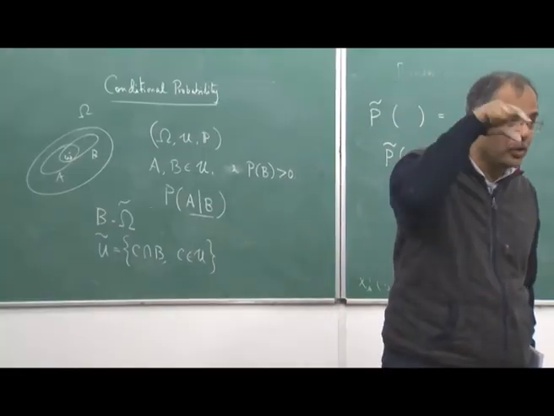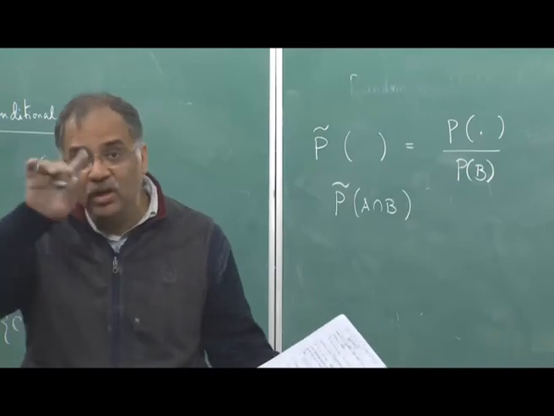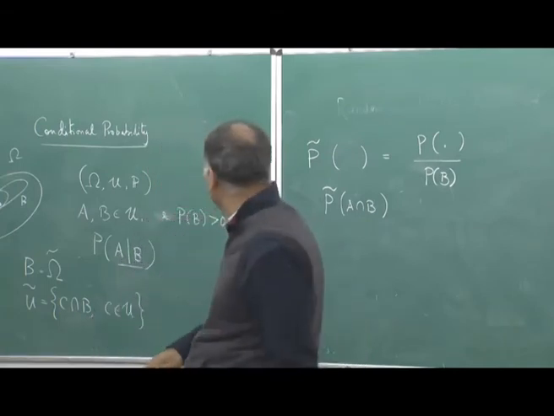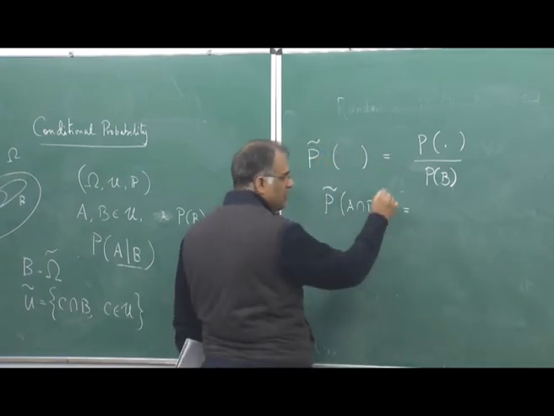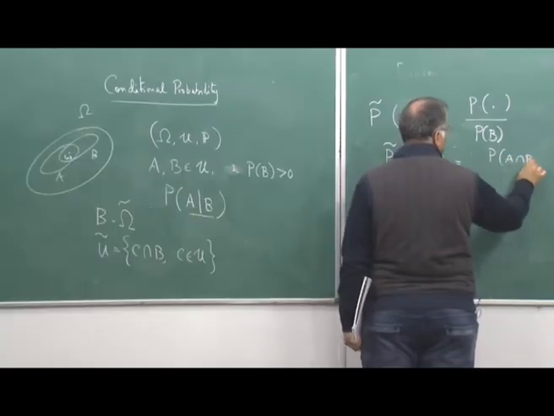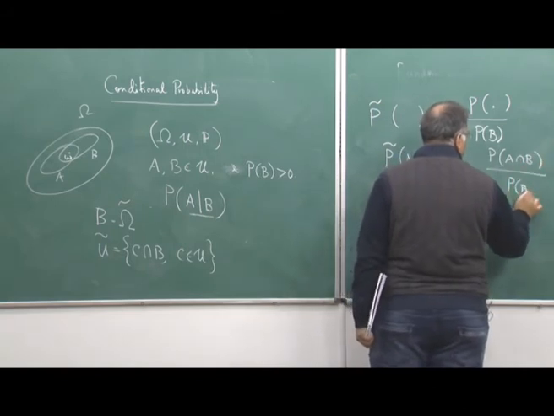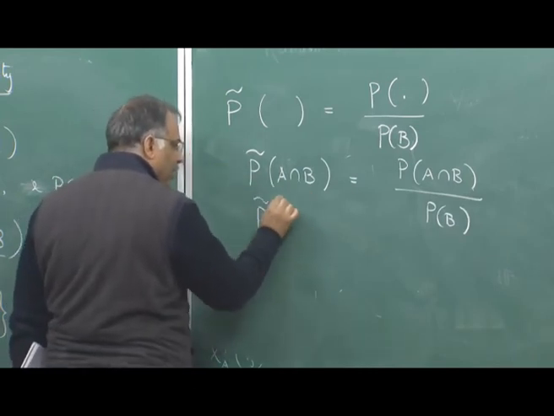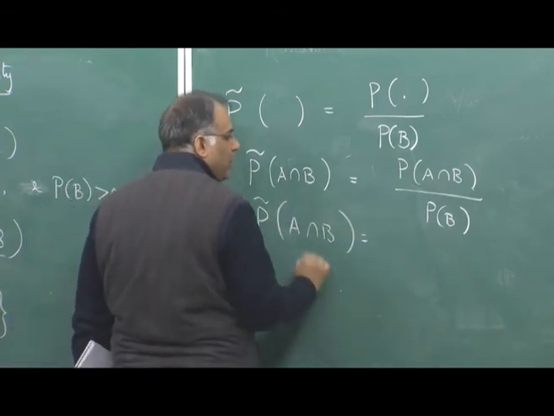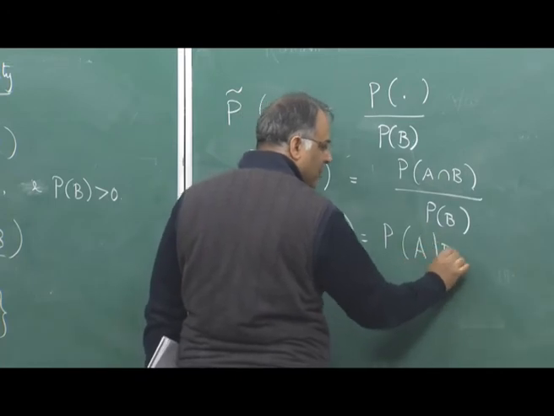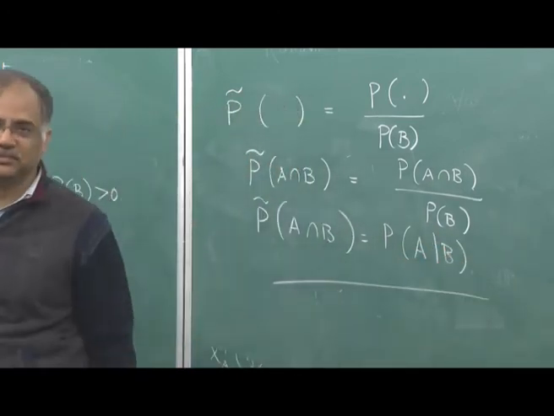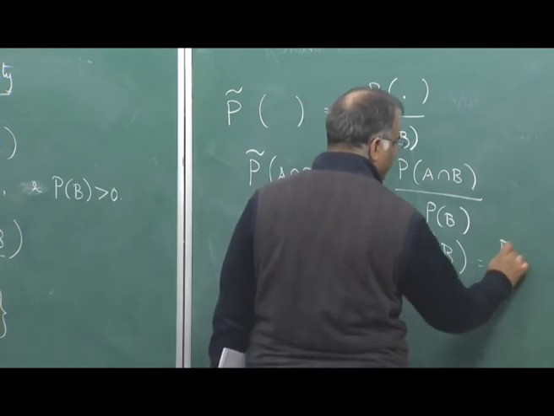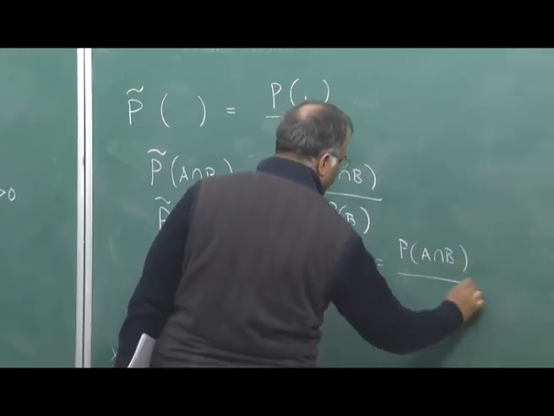That is exactly what we are seeking, a new probability measure. Now my sample space has changed, it is no longer omega, but it is omega tilde, which is nothing but equal to B, the event B, right. So by this definition this is equal to the probability of A intersection B over P of B, and we mathematicians define P tilde of A intersection B as the probability of A given B. And that is essentially the meaning of conditional probability. So this is nothing but P of A intersection B by P of B.